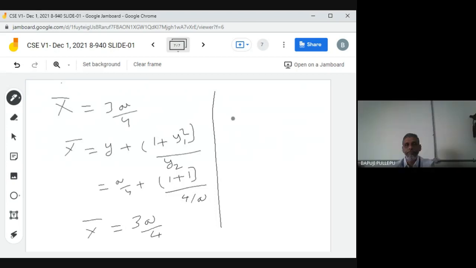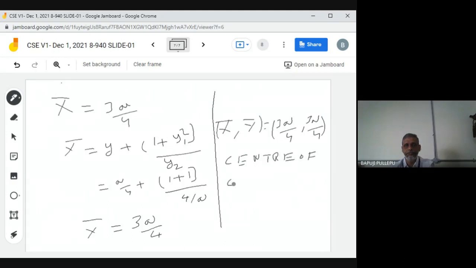So the result I got actually: this is the center of curvature. Yes, sir. First part proved.